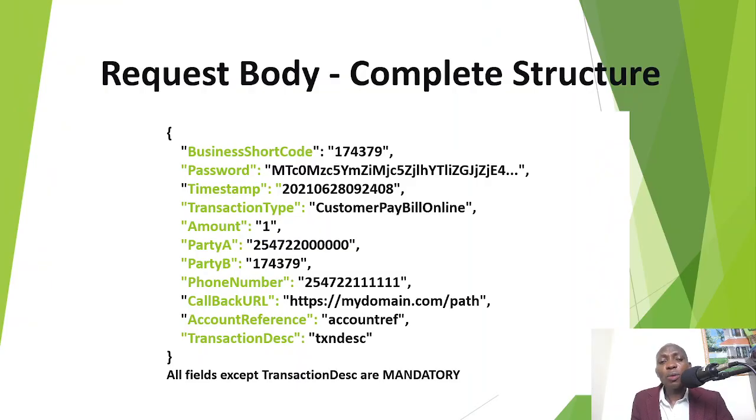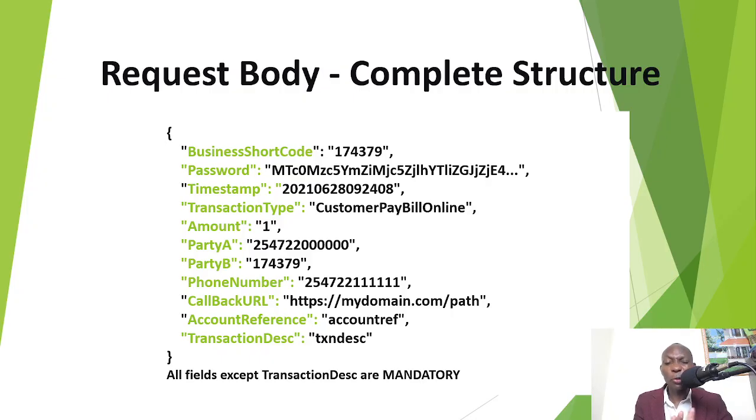So when it comes to STK Push, this is how the request body looks like. Whenever you are doing some coding with whichever programming language that you are going to be using, be it Java, JavaScript, or Python, the request body structure is the same.